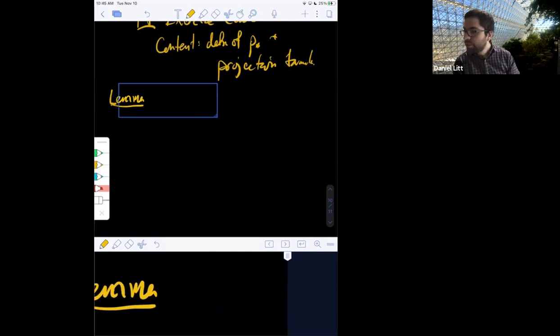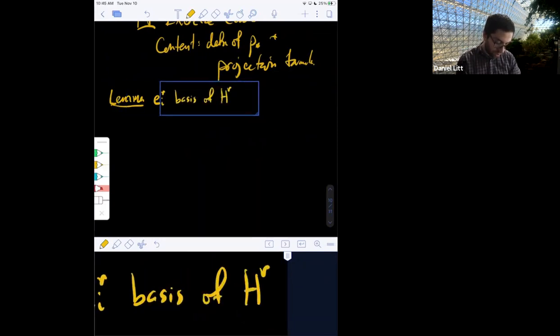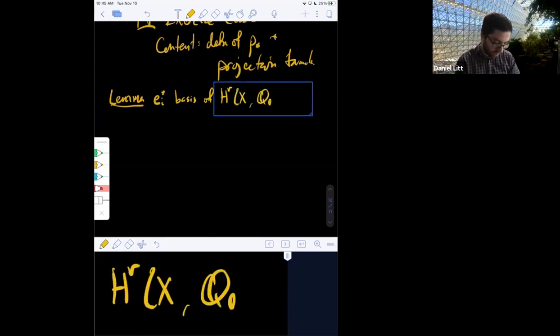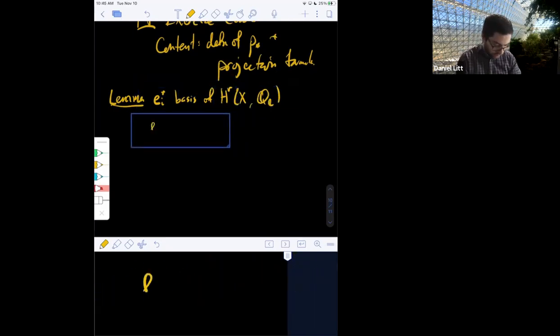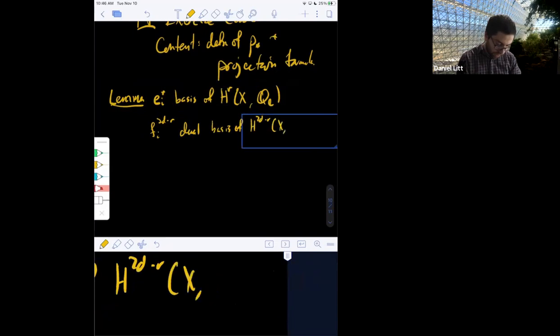Suppose e_i^r is a basis of H^r of X with coefficients in QL. So for each r, I have a basis, and let f_i^{2d-r} be the dual basis of H^{2d-r} of X with coefficients in QL of d.